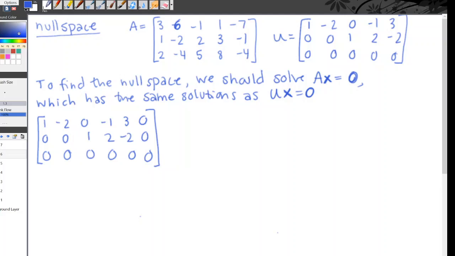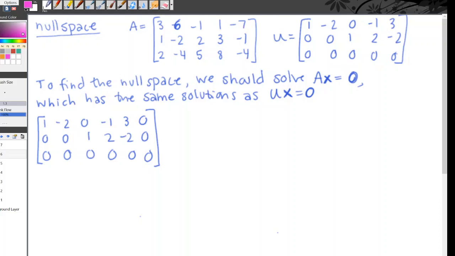So when we go to write down what's going on here, sometimes the first step you want to do is basically identify what your free variables are. Where are the free variables coming from? They're coming from the non-pivot columns of your matrix, right?